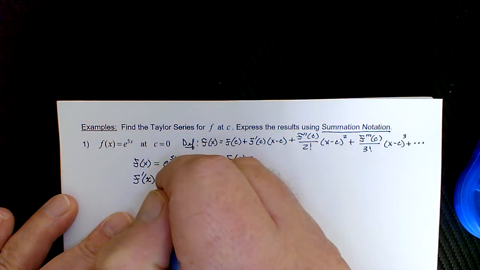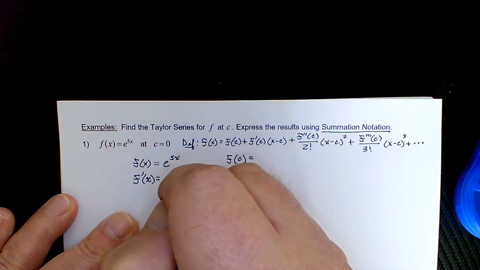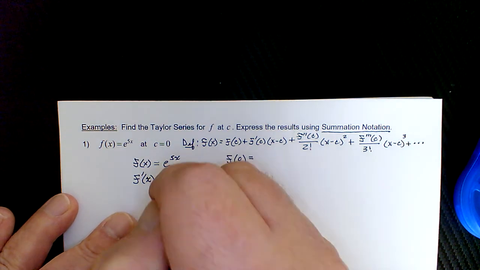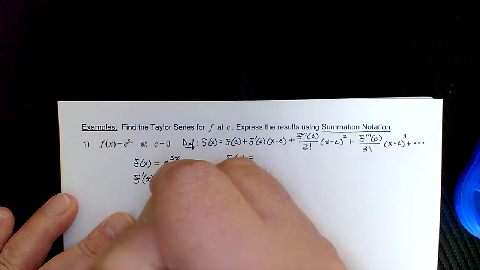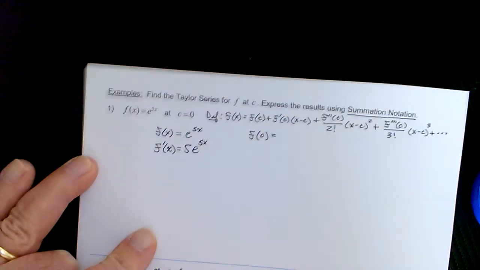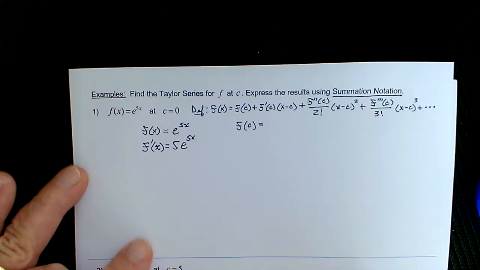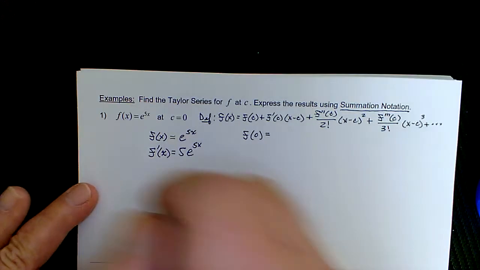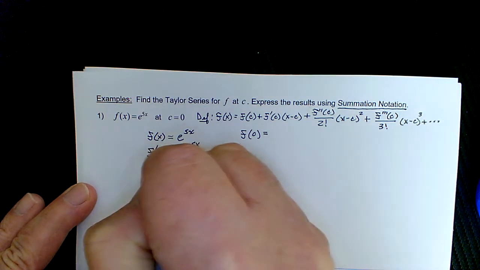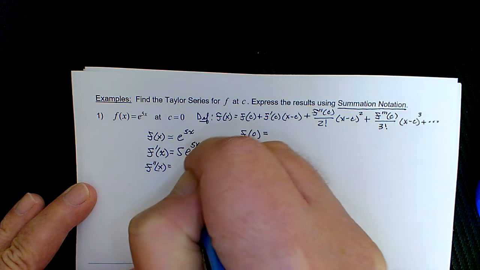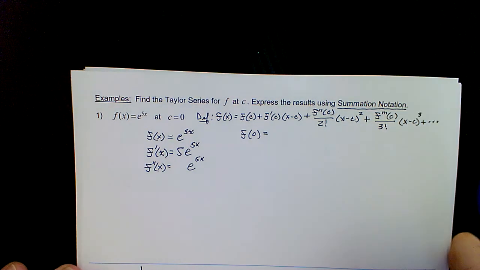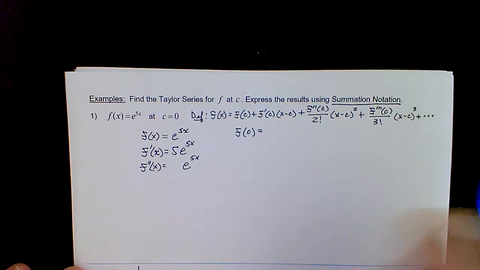Okay, so some derivatives. F prime of x, derivative of e to the u, so recopy e to the 5x, but then the derivative of the power, and the derivative of 5x is 5, so I'll slide that in front. And then we have the second derivative, f double prime of x. I'll leave a little space for the new coefficient. Derivative of e to the u, again e to the u, so e to the 5x, another factor of 5.